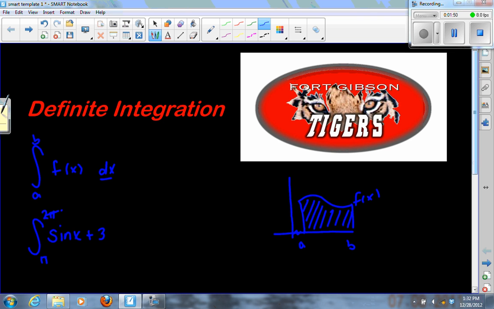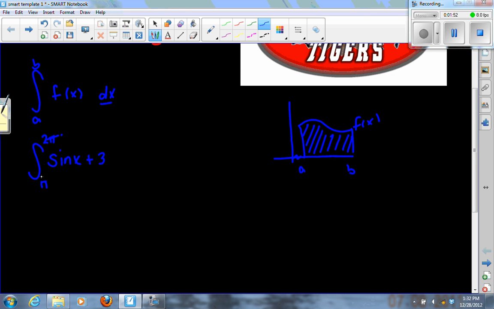Now, what I need to do is take the integral of each of these separately, just like with plain old anti-differentiation. There's a rule for sine x, and the integral of cosine x can be found by thinking about what would give me cosine x for a derivative. The derivative of sine x is cosine x.